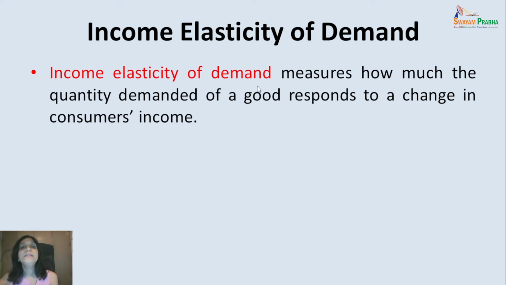We say income elasticity of demand measures how much the quantity demanded of a good responds to a change in consumer's income. That is, if the consumer's income changes by 1%, other things remaining constant, price has not changed, it is only the income that is changing, how much does the quantity demanded of that good change?